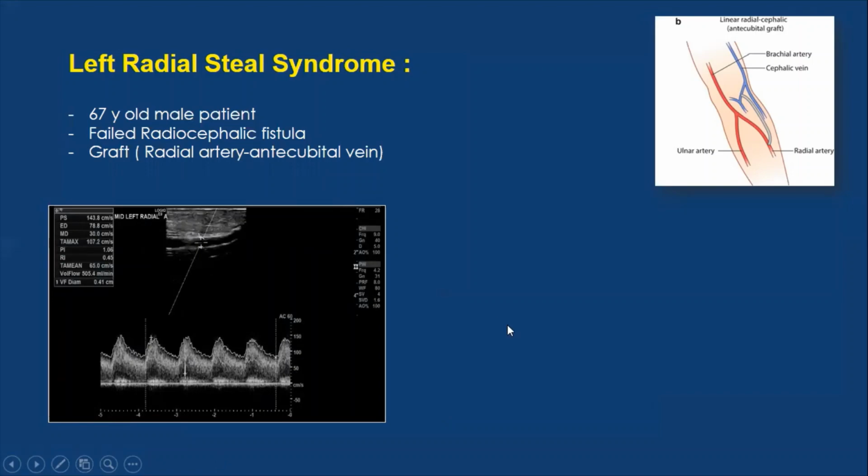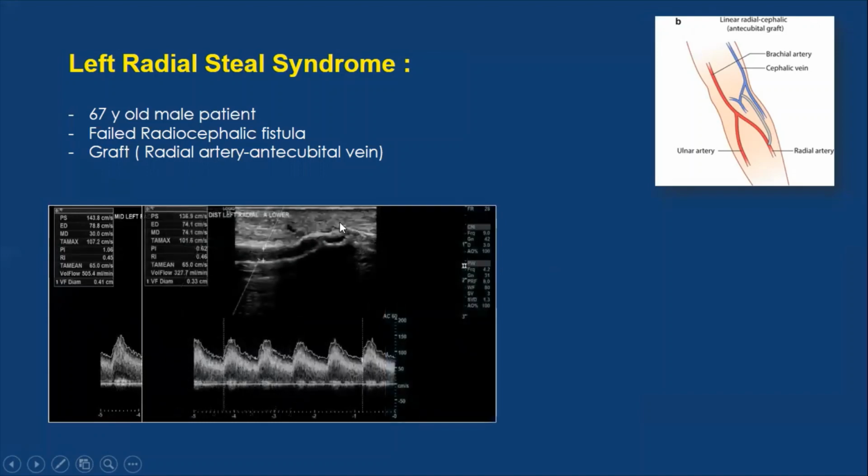In this case, our same brilliant sonographer was tracing the arteries and veins, and when he went to the forearm following the brachial artery, more proximally, there was nice high velocity, high volume flow. As he approached the graft, which is here, we are still seeing a good velocity of flow, and it's antegrade in this case.